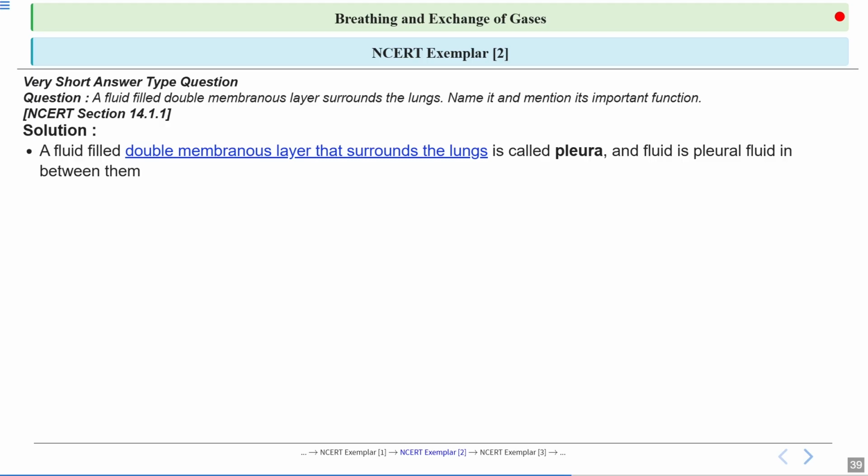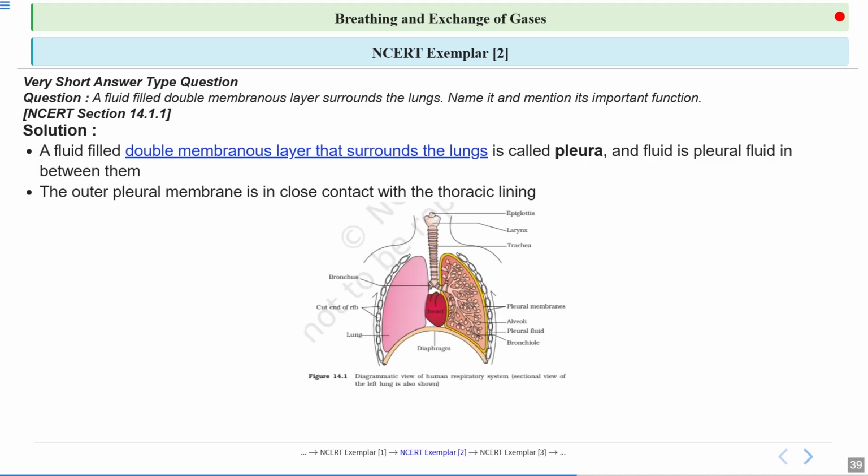Coming to this, pleura is the membrane, and there is pleural fluid. Now, function: the outer pleural membrane is in close contact with the thoracic lining. There is a thorax lining, and it is very close to it, right? Here you can see the yellow color, the pleural membranes.